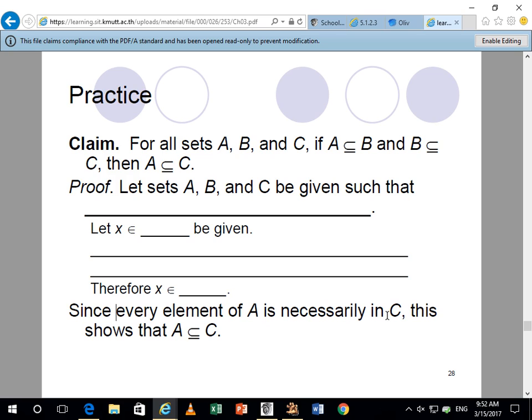So we start with X belonging to A. So this means X is an element of B. Is that right?